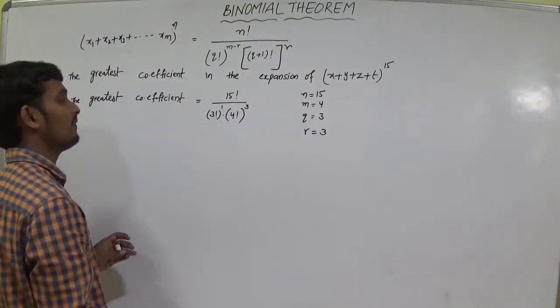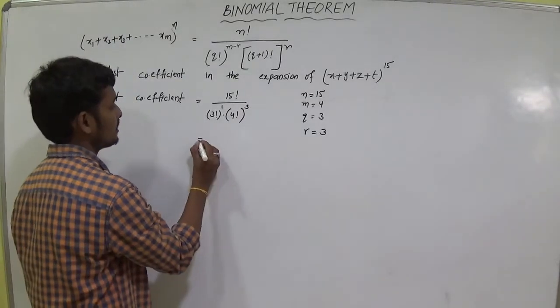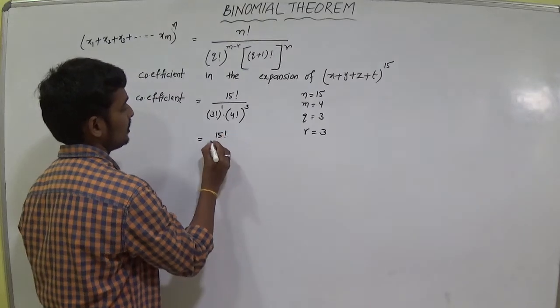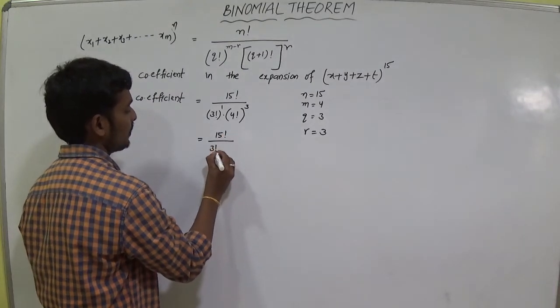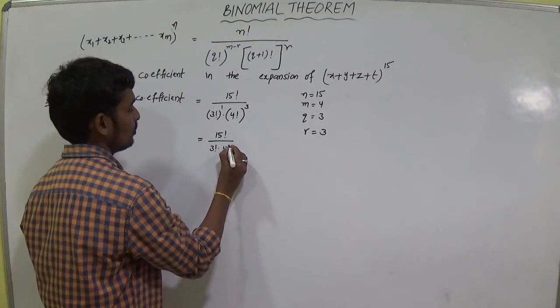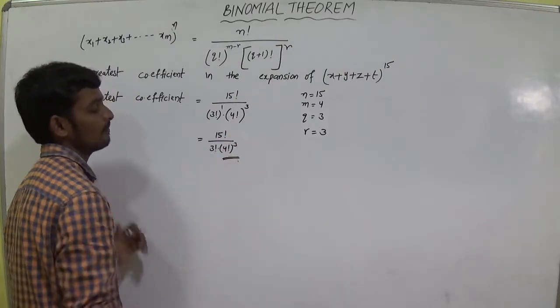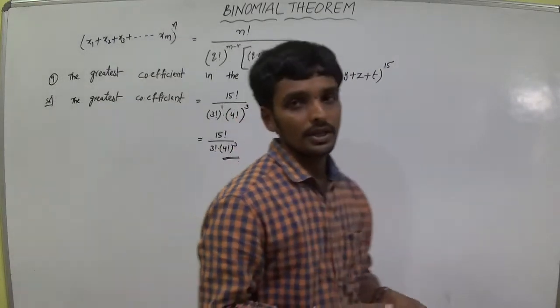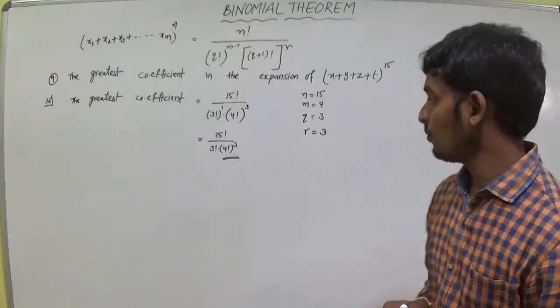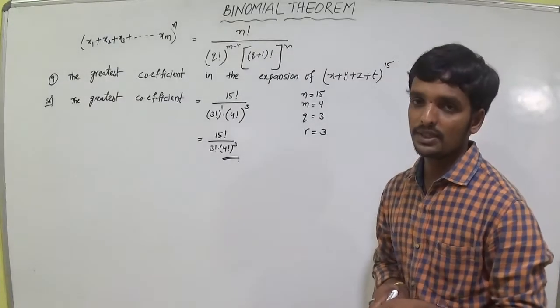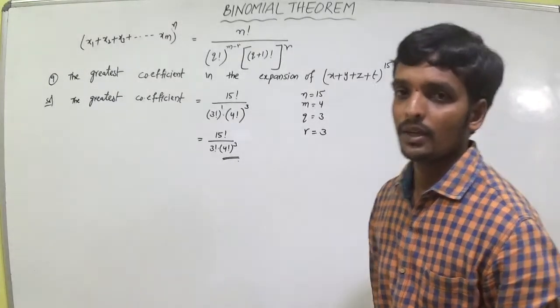If you simplify like this, it is 15 factorial by 3 factorial into 4 factorial whole cube. This is the answer. Are you okay?